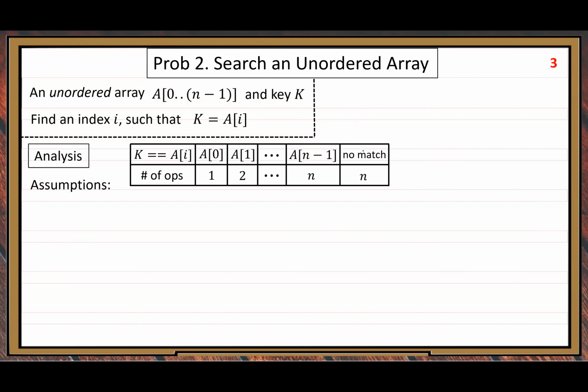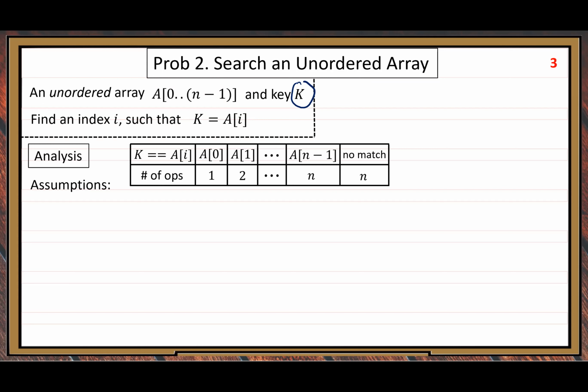Think about this. Given a key K, there are two possibilities. One possibility is that K appears in the given array. The second possibility is that K does not appear in the given array, right?